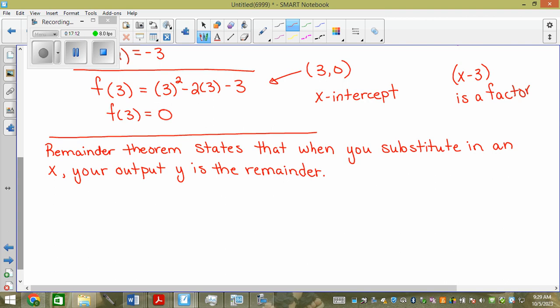So if I gave you p of x equals x cubed minus 3x squared plus 6x minus 4, and I tell you it's divided by x plus 1, determine the remainder.